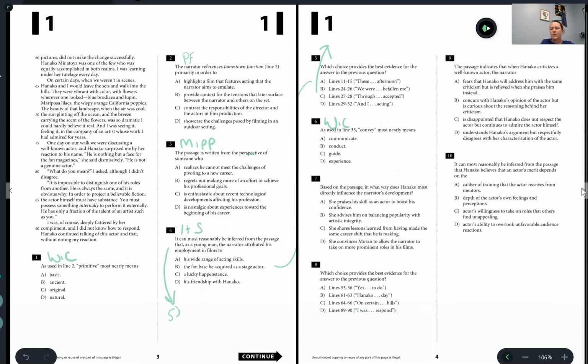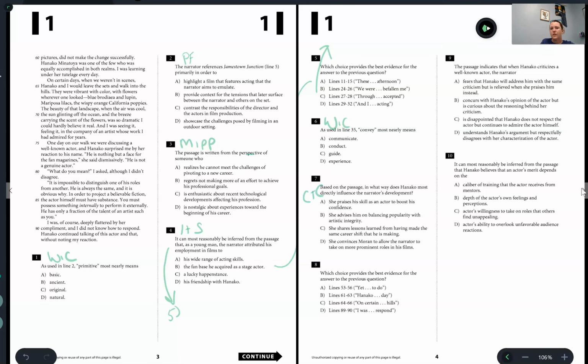Looking at number 7, based on the passage. So we know these are usually content or inference questions. I don't see anything on here that is going to elicit an inference question. No infer, no implies, no suggest, no most likely. So this is going to be a content question.